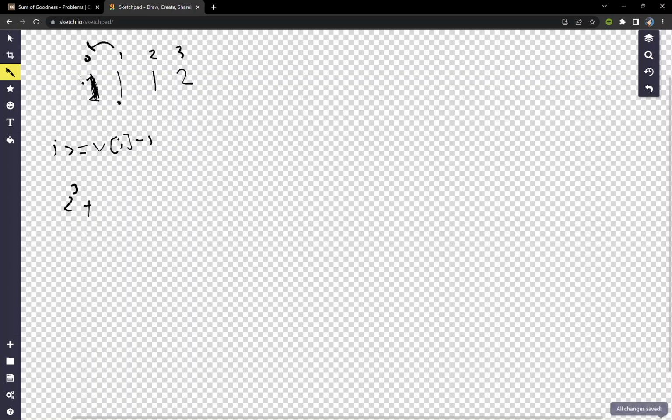So we have to pick exactly 0 numbers from 0 numbers, it will be 1. We have to pick exactly 0 numbers from the 1 number, and the numbers to the right of it form 2 to the power 2. Next we have to pick exactly 1 for this 1. We have to pick exactly 0 numbers from these 2, and to the right it will form 2 to the power 1.